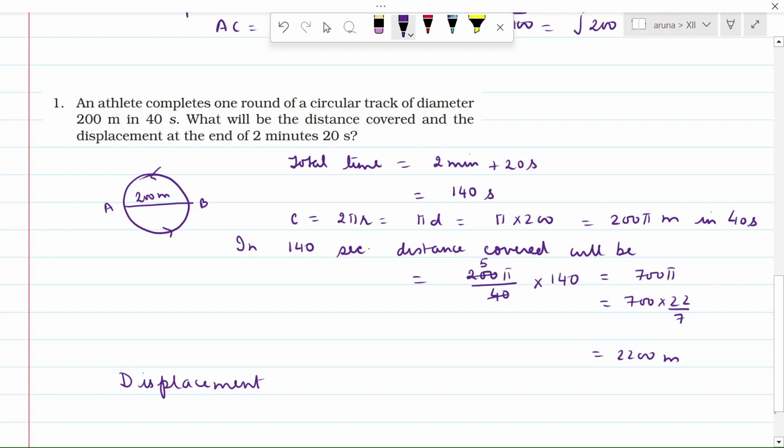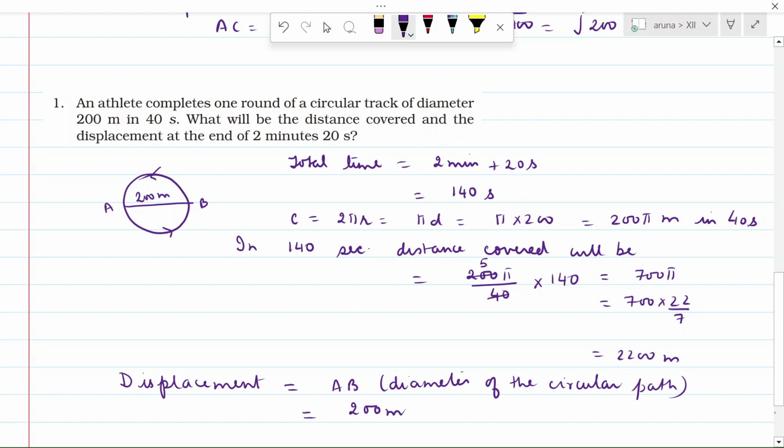So after 20 seconds, he'll be reaching B, which is exactly opposite to A. So displacement, which is defined as the shortest straight line path, will be simply AB, the diameter. So in this case, displacement is equal to AB, which is the diameter of the circular path. So this displacement is 200 meters.